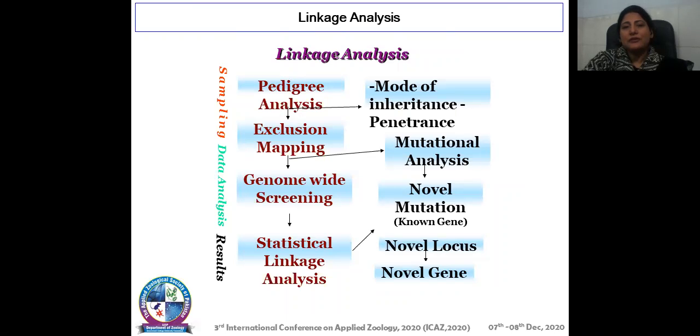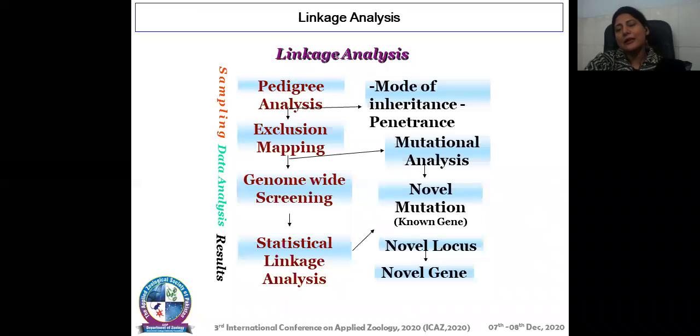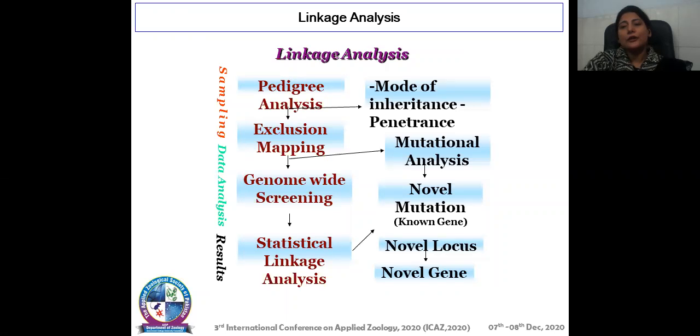In the scheme of studies, when we have to study inherited disorders, we go for linkage analysis, which includes, first of all, pedigree analysis, where we can see the mode or pattern of inheritance in this family. Then we look for the candidate genes linked with that region, and we do exclusion mapping.